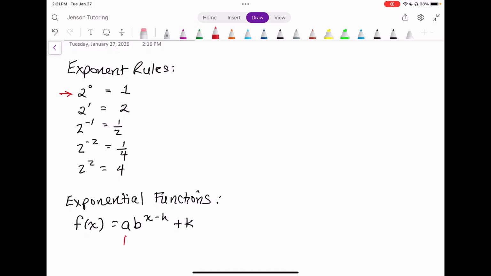The a, just like in all of our other functions, that's the stretch factor. And if it's negative, it'll reflect over the x-axis. The h, that's your horizontal shift. And the k, that's your vertical shift.